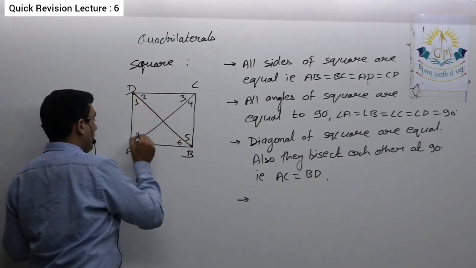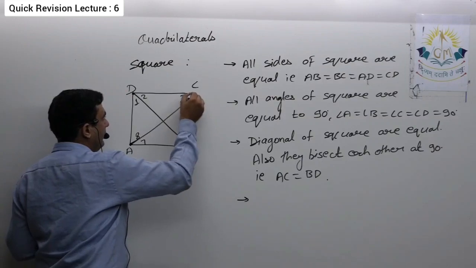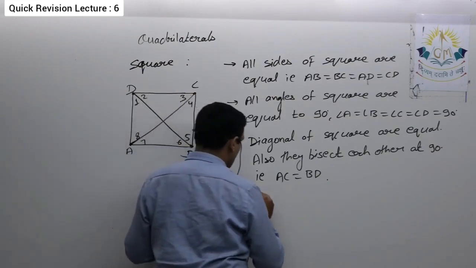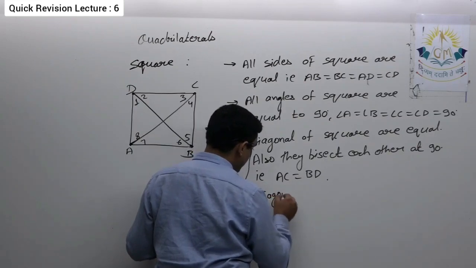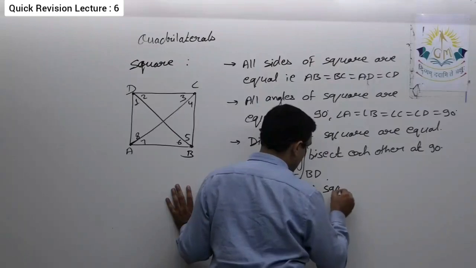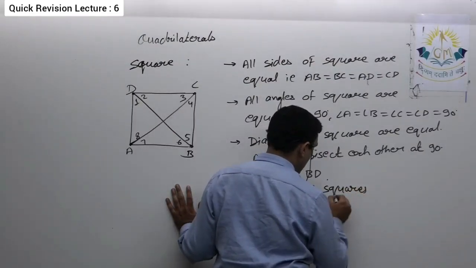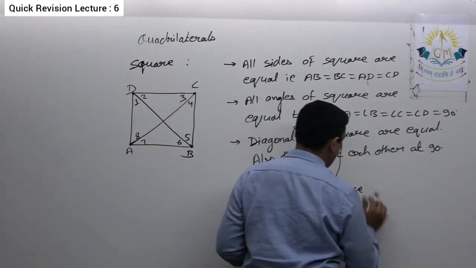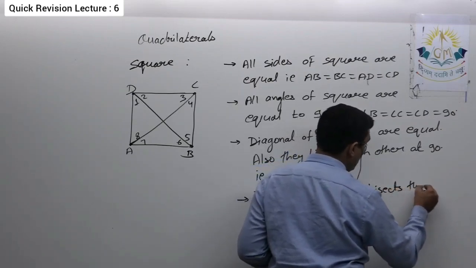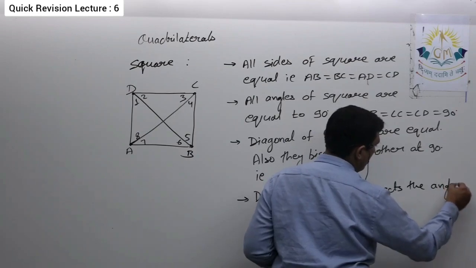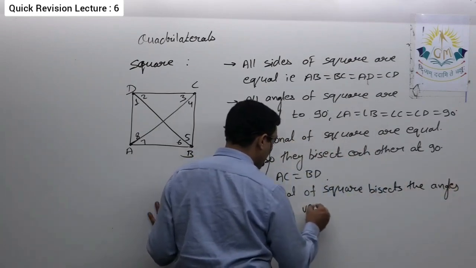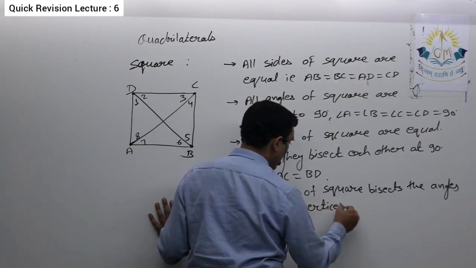That means diagonal AC bisects the angles at A and C, and BD bisects the angles at B and D. So the diagonal of a square bisects the angles at its vertices.